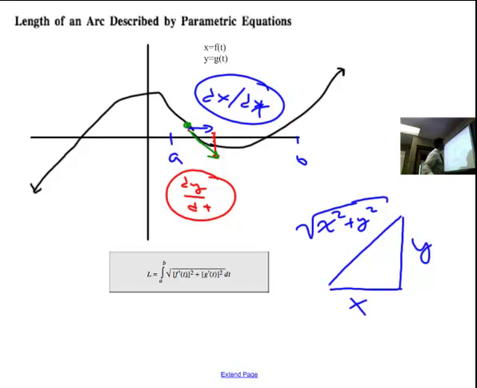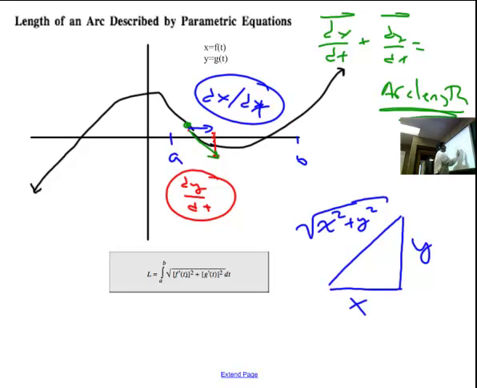So what we see is if we add the dx dt vector to the dy dt vector, what we get is the arc length. I know that we haven't spent a whole ton of time dealing with vectors yet, but what we've created is a right triangle, and so that little length we'll call dl.